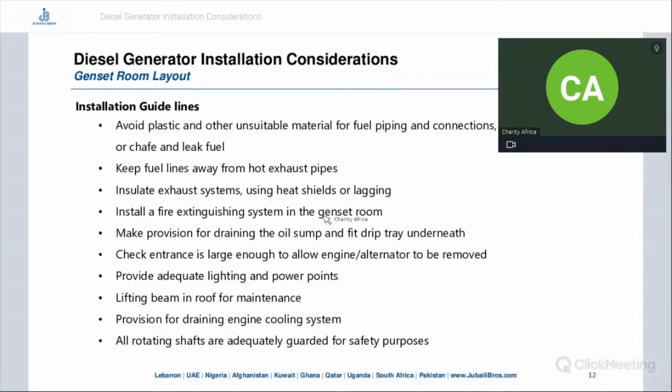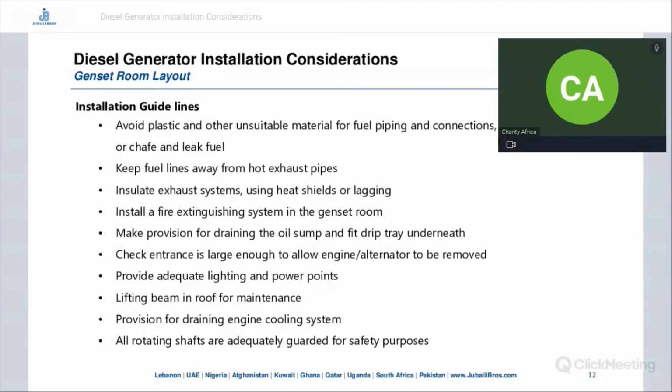The installation guidelines: avoid plastic and other unsuitable material for fuel piping and connections, which can corrode or chafe and leak fuel. Keep fuel lines away from hot exhaust pipes, and insulate exhaust systems using heat shields or lagging. Install a fire extinguishing system in the genset room. Make provision for draining the oil sump and fit a drip tray underneath.